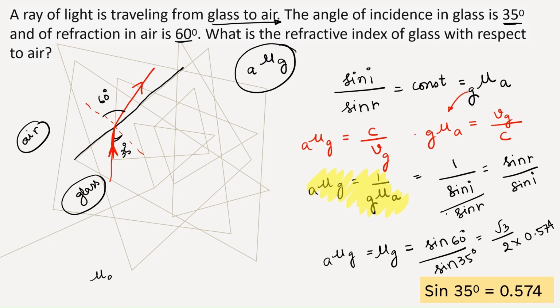Now the only thing you have to do is the calculation. So refractive index of glass is equal to root 3, which is 1.732, divided by 2 into 0.574. So we can also write it as 1732 divided by 2 into 574. I'm just removing the decimal places because I don't like it. Hence, now you have to do the multiplication and division. So do it by yourself.